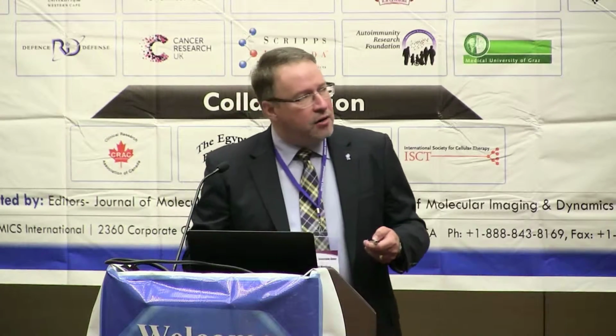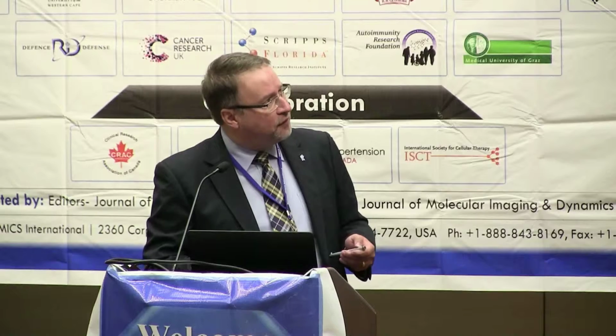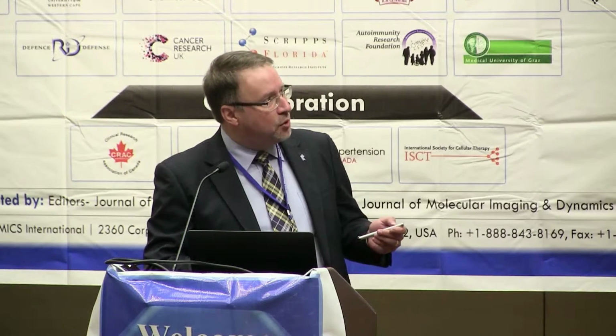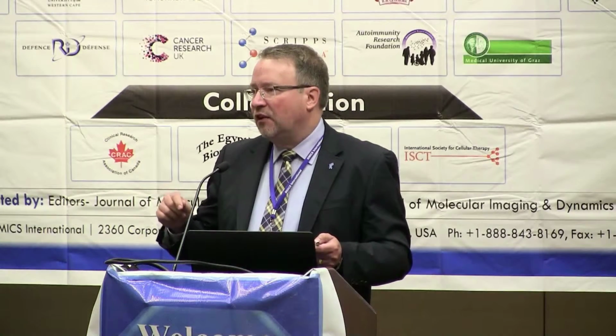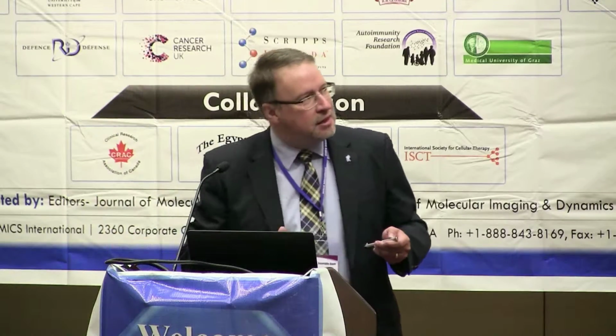So OA, or osteoarthritis, is the most common form of arthritis and the leading cause of chronic disability in the world. Today, 1 person in 9 will develop osteoarthritis. Normally I start counting and pointing at you, so you will develop osteoarthritis.